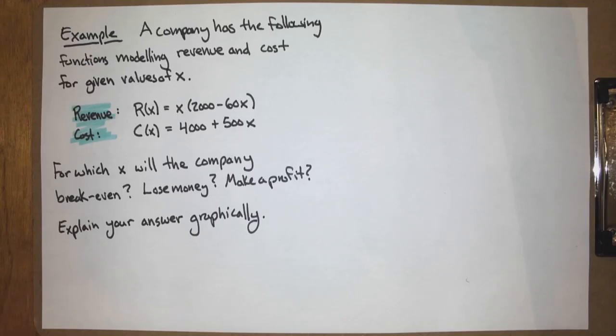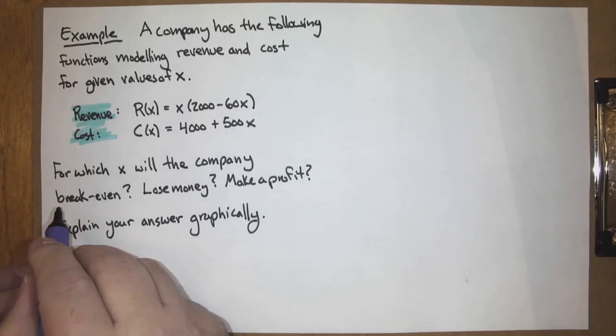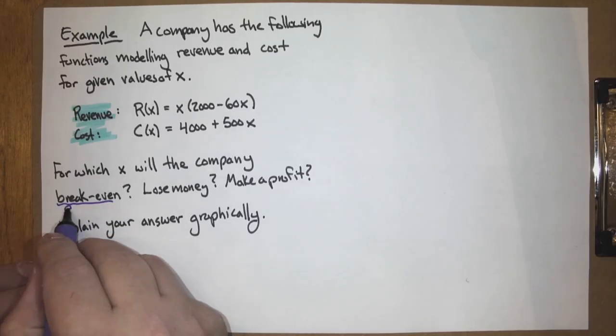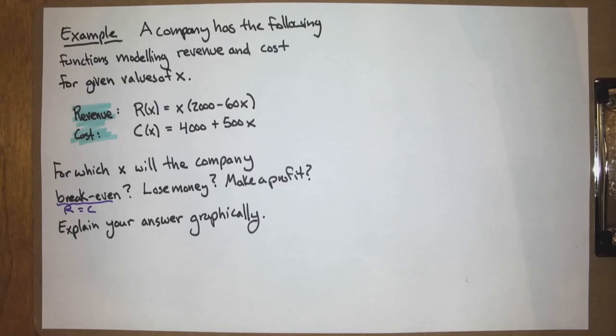Well, if you set revenue equal to cost, what will that do? If your revenue equals your cost, how much have you made? Nothing. That's your break even. So break even is when your revenue equals cost.